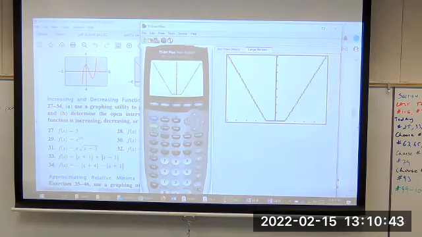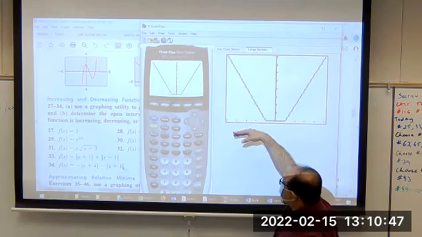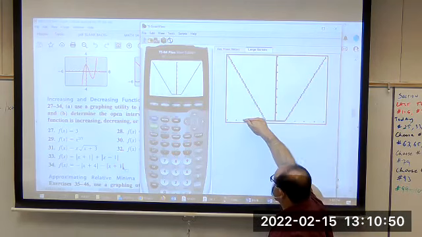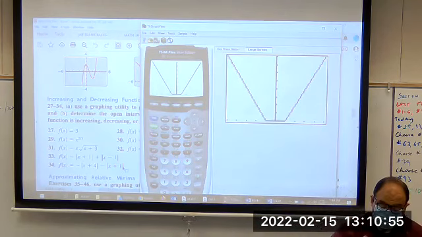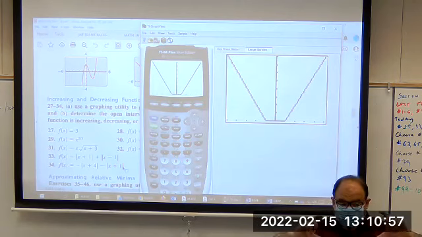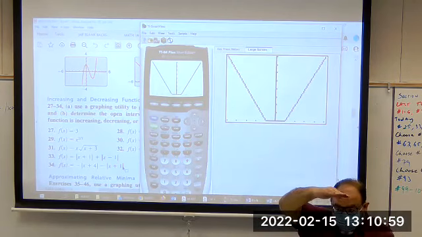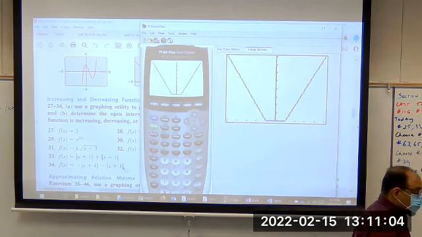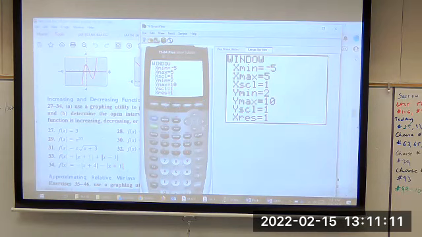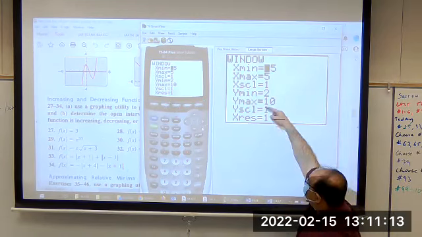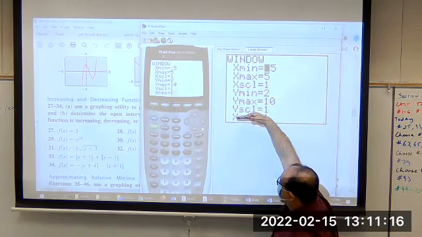And so you can see it looks like we have a little straight line right here. Now that's kind of hard to really make sense of when you see these little dots and to tell what's really going on. When I told the calculator to do a zoom fit, it gave me the smallest possible Y values that fit the whole picture. So all I have to do is now go to my window to get a better idea. What did they tell the Ys to do? They told the Ys to go from 2 on the Y-axis up to a 10.